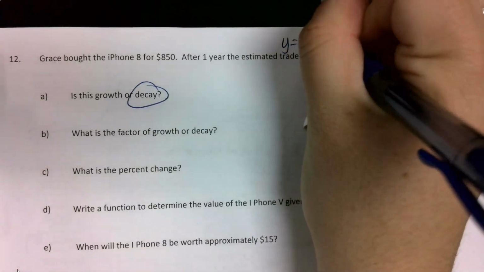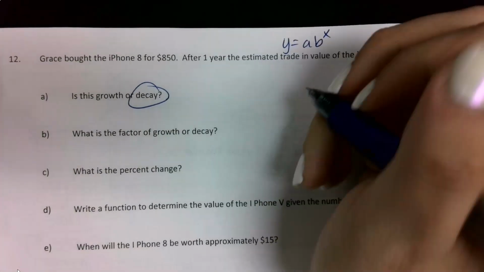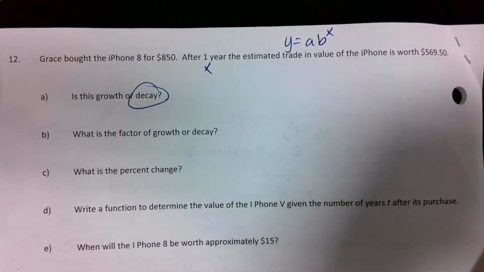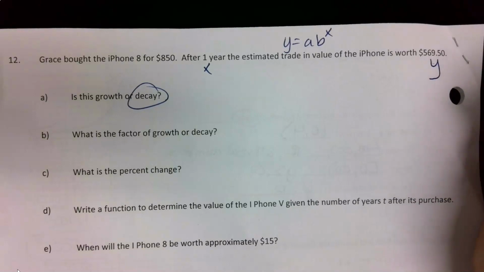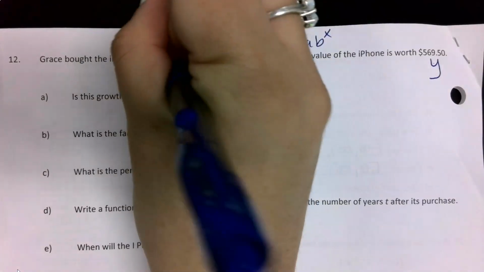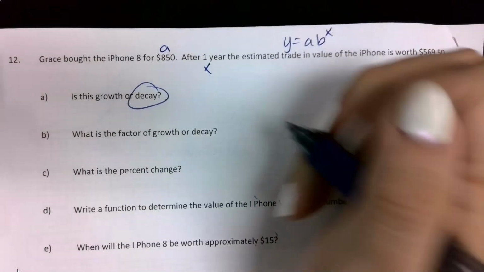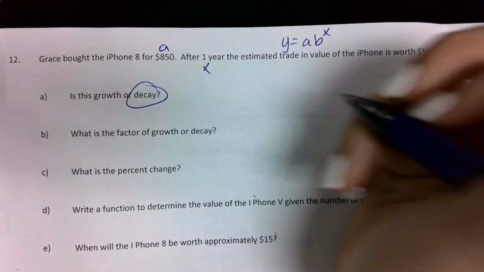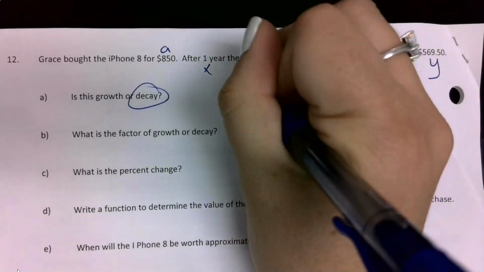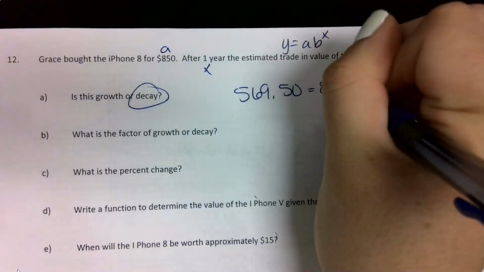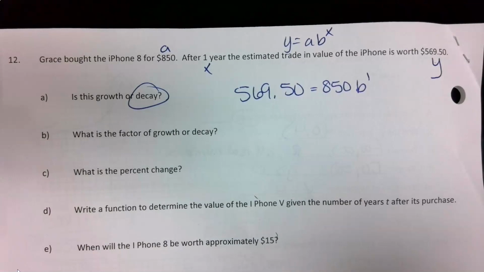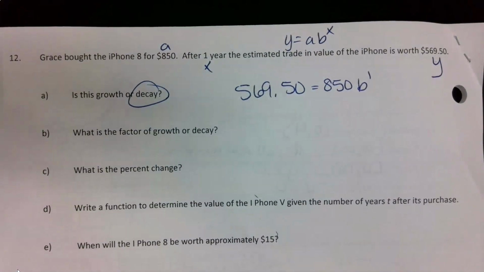My formula is typically y equals a times b to the x. I know my x is 1. I know my y is the 569.50, and I know I initially started off with the 850. So I'm just going to solve this over here. 569.50 equals 850 times b. I don't know my b value. I do know it's 1 for my time.